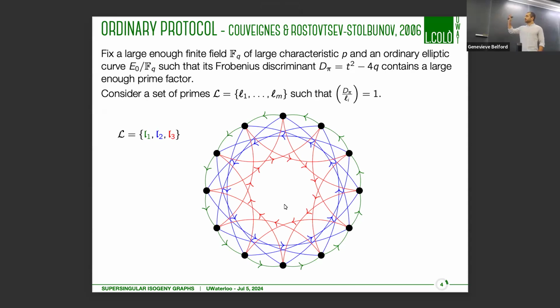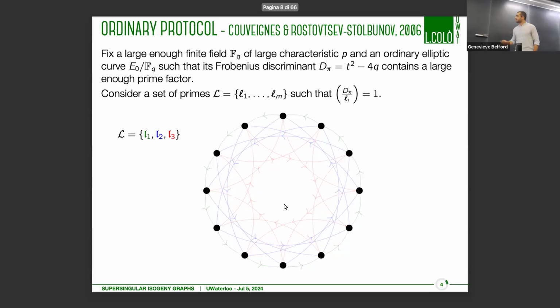So we consider a set of ordinary elliptic curves, and we construct the isogeny graph relative to a set of primes. In this case, we're not considering just one, but a small set of primes. And then the two parties publicly agree on one starting vertex. They choose their secret path, and their secret path is the action of an ideal on this elliptic curve here.